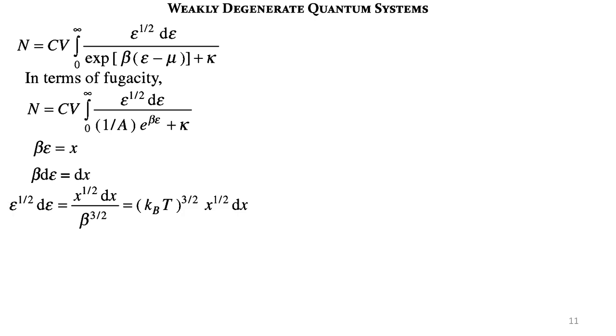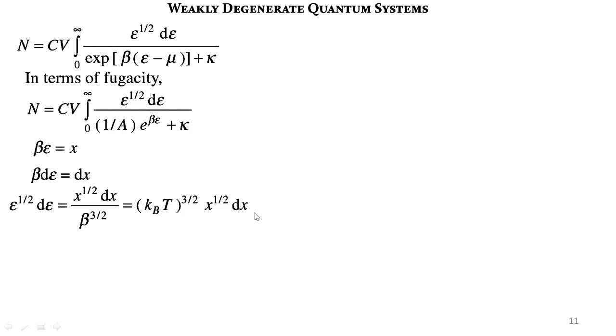So the numerator now is nothing but x raised to the power half dx, divided by beta raised to 3 by 2. If we substitute the value of beta, which we know is 1 over kBT, then 1 over beta raised to 3 by 2 is nothing but kBT raised to the power 3 by 2, into x raised to the power half. So this is your full numerator, the numerator of this integral.